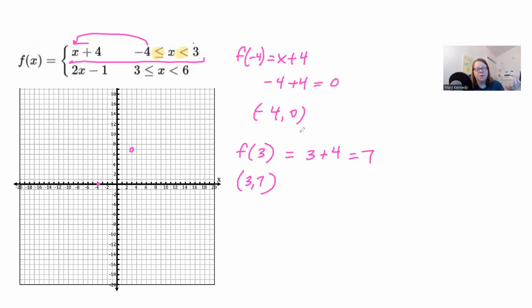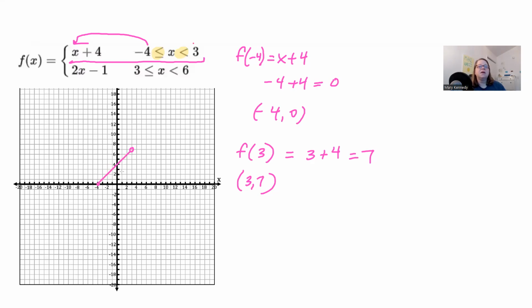X could be -4. But on the other side, it says x is less than 3. That means x can't be 3. It can be up to 3. It could be 2.999, right? And so I'm going to put an open circle to show that I understand that. And so that if someone's just looking at this graph and trying to get some information, they can know that from the graph by the open and the closed circle.